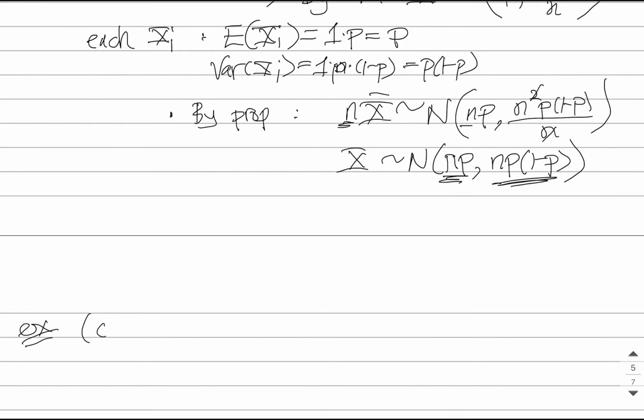Another example to do with car insurance. Let's say that x is the number of uninsured drivers in a random sample of 50.